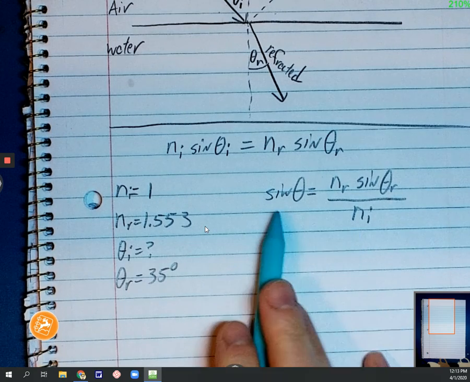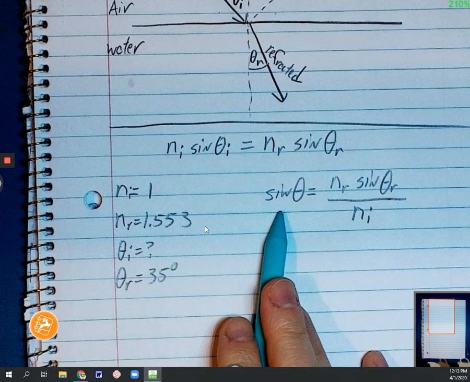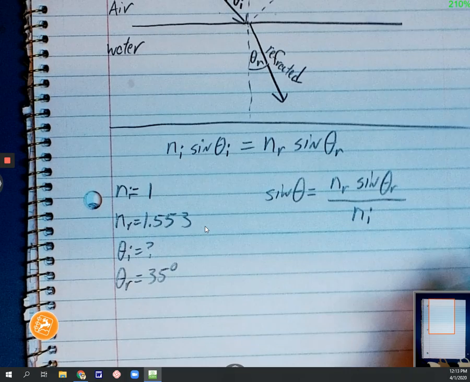Now to get rid of that sine, remember we're going to have to do an inverse sine on both sides.